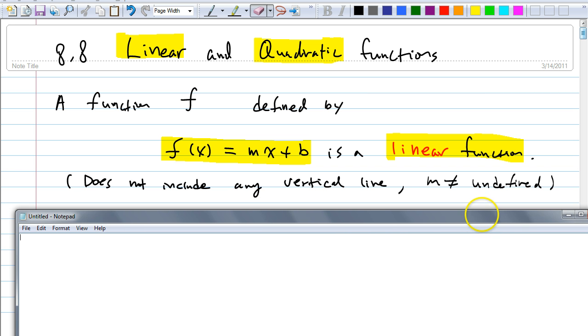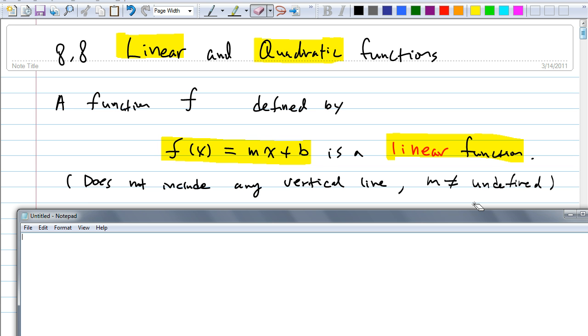Undefined. So we've got to say m can't be undefined, right? Because if it's undefined, you get a vertical line, and a vertical line is not a function. So that's why we need to write this down. This does not include any vertical lines, which means m cannot be undefined. Because then a vertical line will not pass the vertical line test, right?